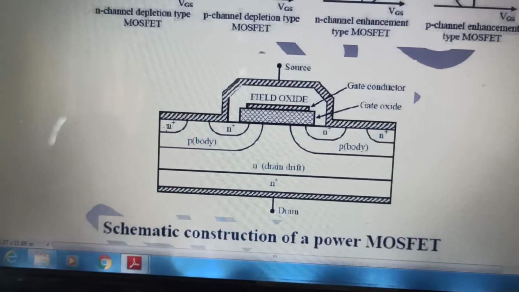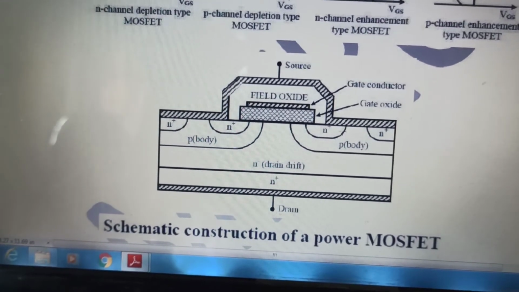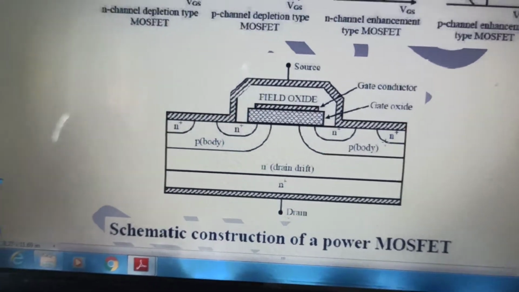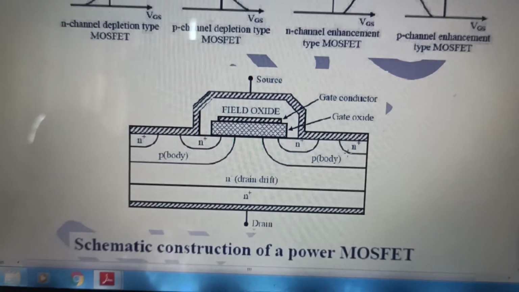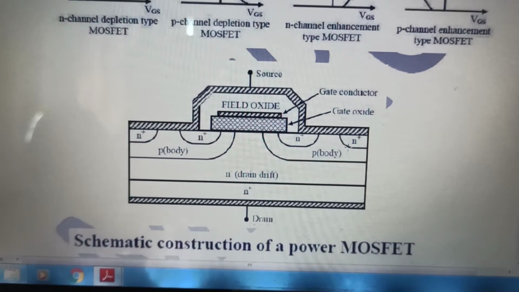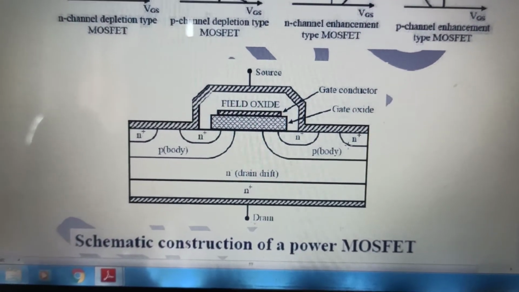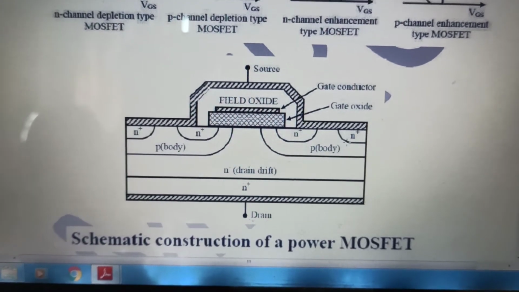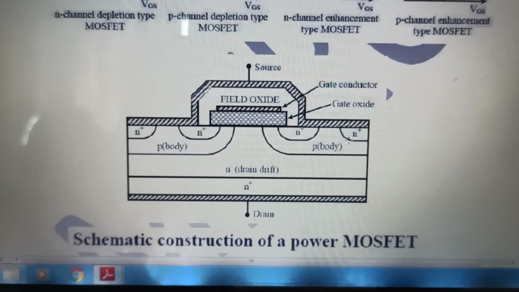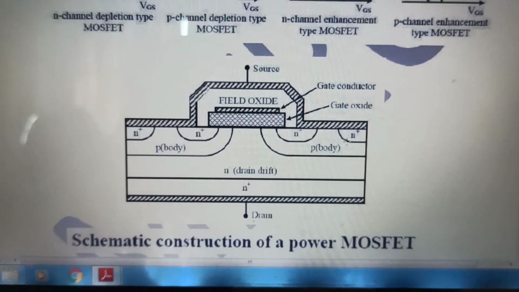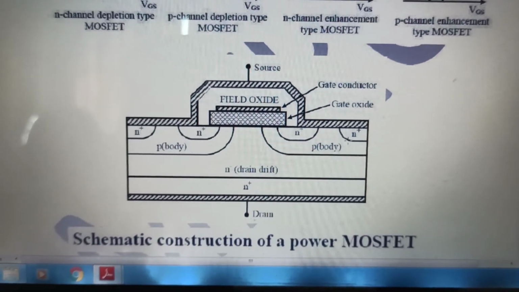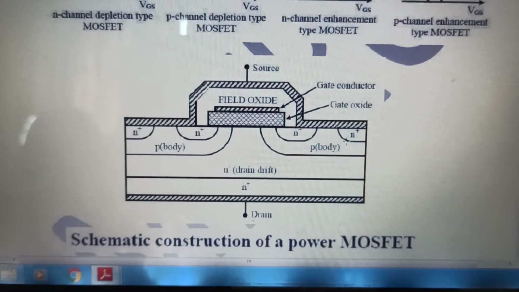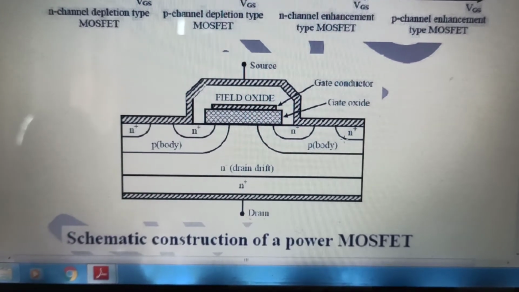Now have a look at this: N plus, N plus, N plus, N plus. What does this plus symbolize? I had already discussed in my previous lectures that it deals with enrichment, the enriched quantity of a particular layer.